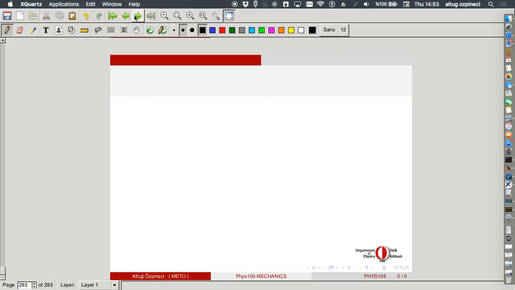Now, I will just give a kind of a mathematical break. Remember when we were discussing our manipulations of the vectors, we talked about the addition, the subtraction, multiplication by a number, scalar multiplication. Then we didn't discuss what is vector multiplication.